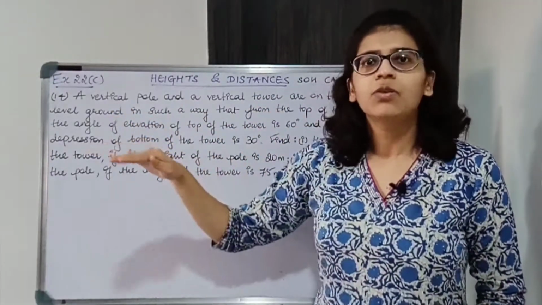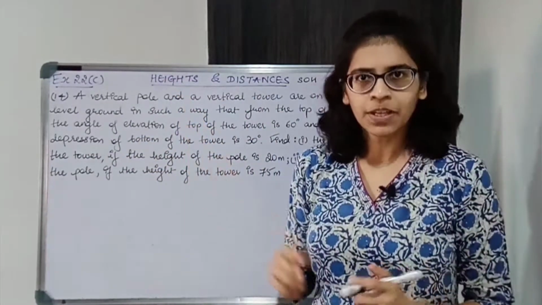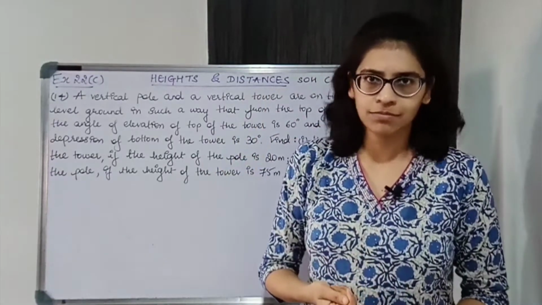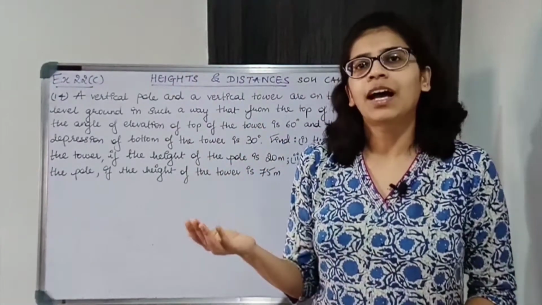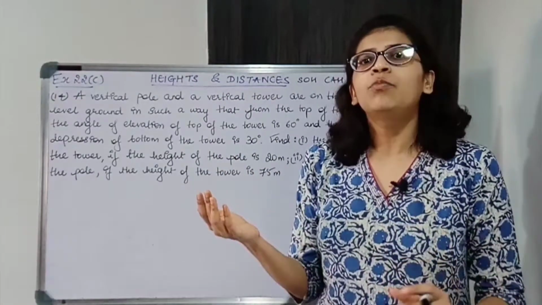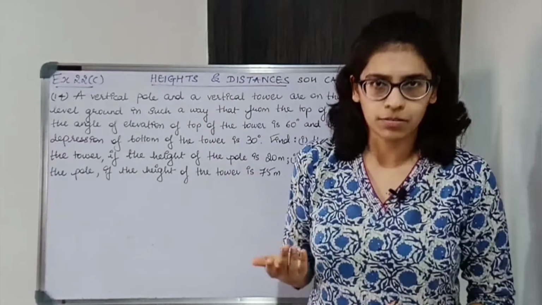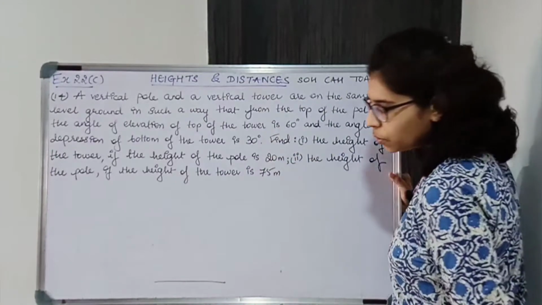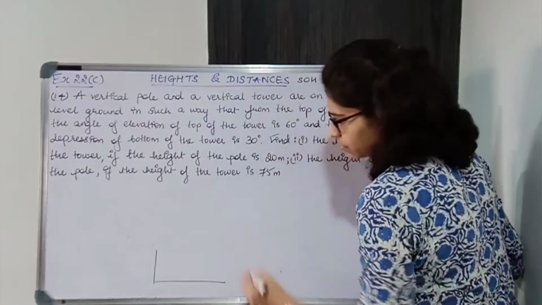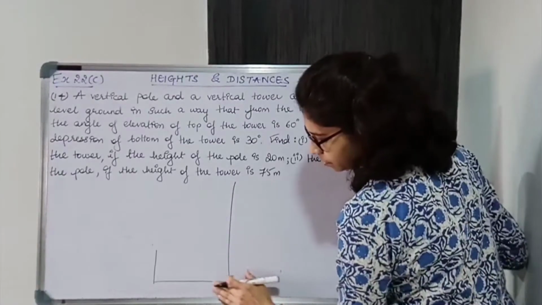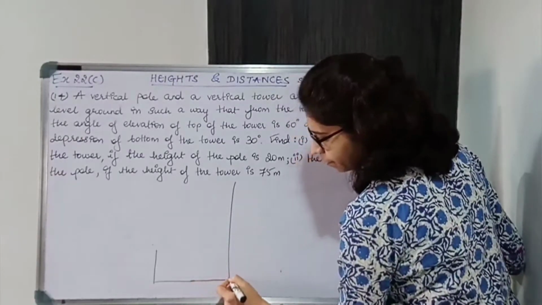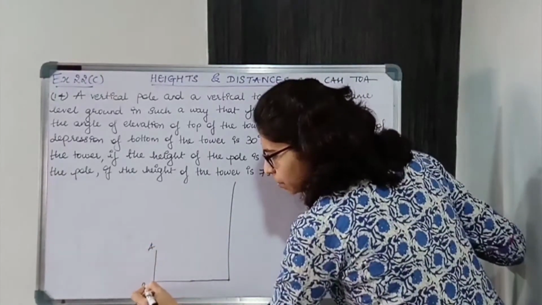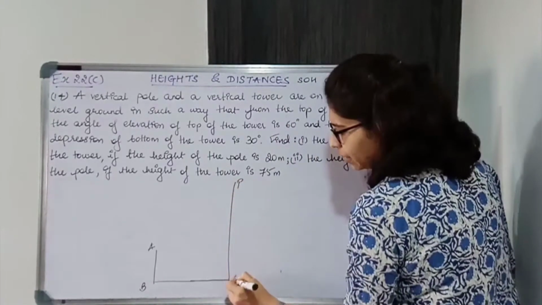We do know that the height of the pole is lesser compared to the height of the tower. The tower is taller and the pole is lesser in height, so we'll consider the pole to be shorter and the tower to be taller. So there is a level ground, there is a pole and a tower. Let's name them. Let AB be the height of the pole and PQ be the height of the tower.